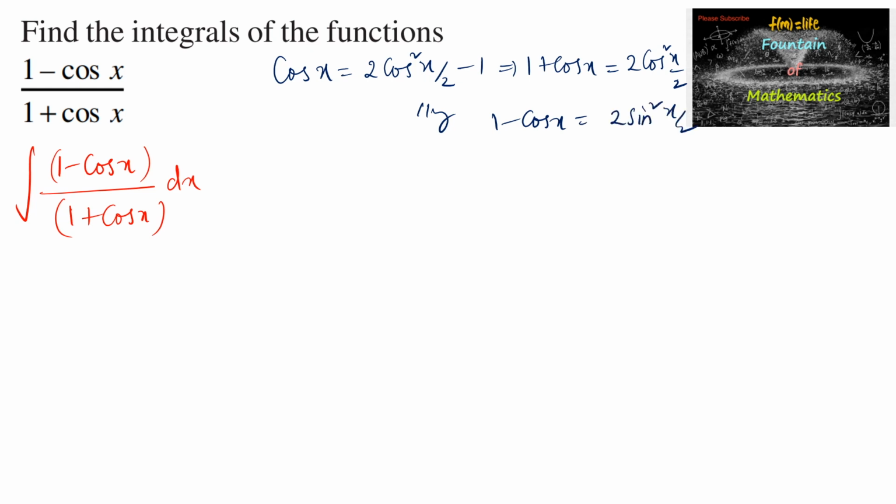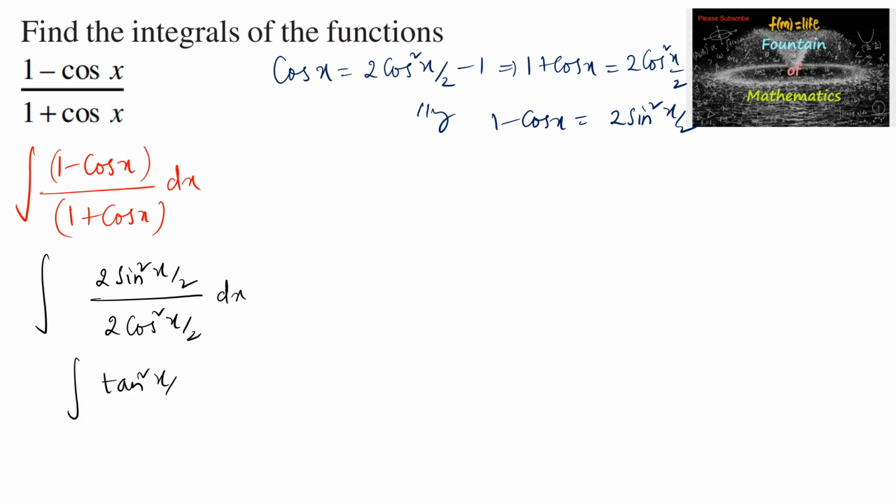So let us substitute here integral of 2 sine square x by 2 upon 2 cos square x by 2 dx, or this can be written integration of tan square x by 2 dx.